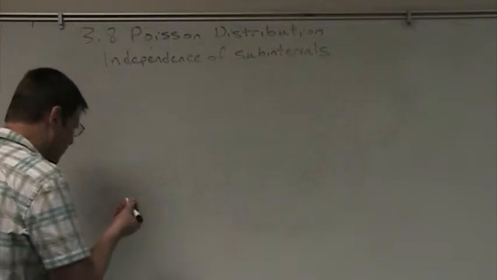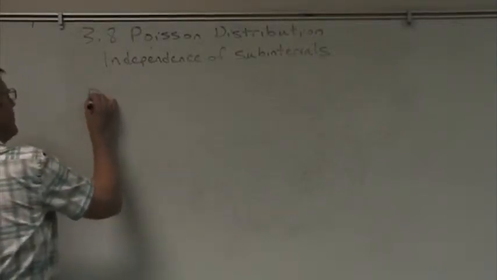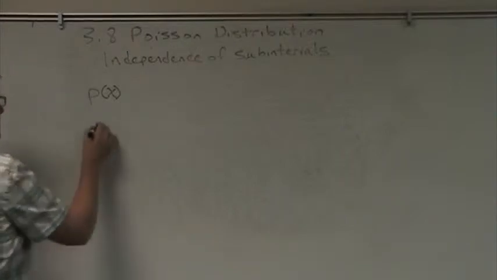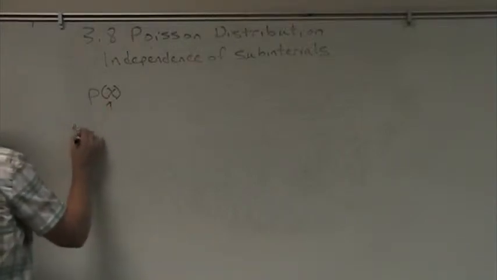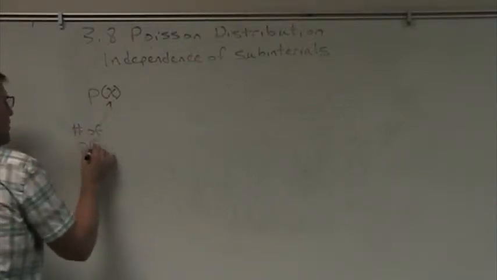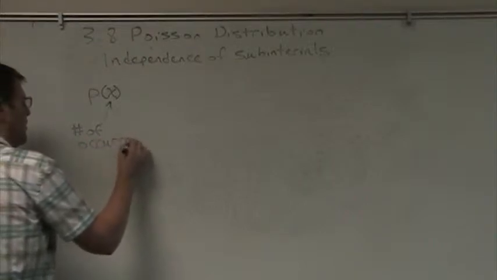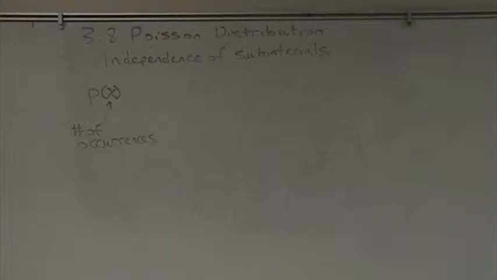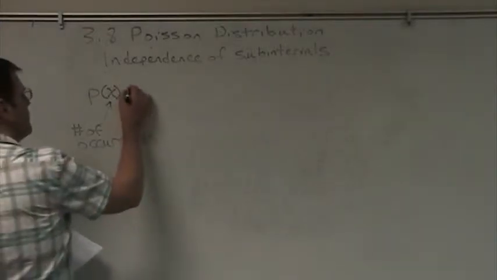So what we're looking for here, as far as p of x is concerned, x is the number of occurrences: the number of accidents, the number of trading requests sent, the number of customers that show up, all different types of examples here. And so we're going to model this as a binomial.